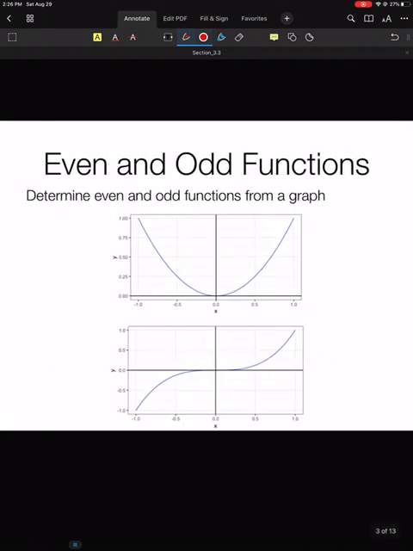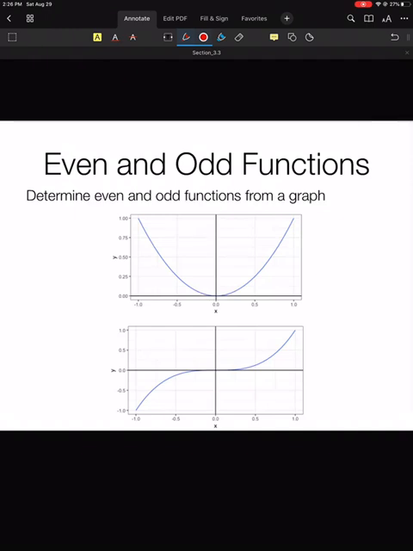Okay, so here we go. I want to determine if these two graphs of functions are even functions or odd functions. Now, that theorem said that a function is even if and only if the graph is symmetric about the y-axis.